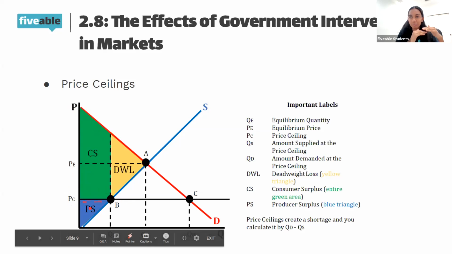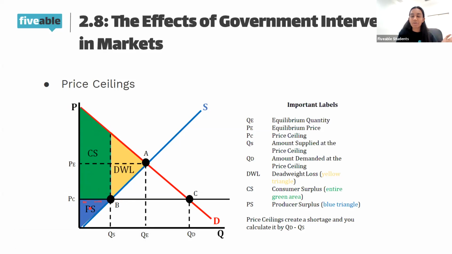It gets really small because obviously the price is super low, which isn't the optimal condition for a producer, but overall total surplus decreases when there's a price ceiling.